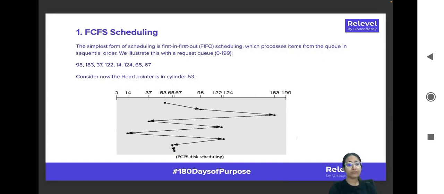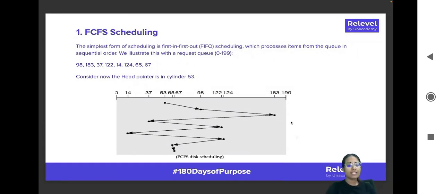Here you can take an example to understand this. We've marked the numbers. You can think of it like this: the head pointer, the read-write head, is initially at 53. The first request comes for 98, so it jumps from 53 to 98. Then the request comes for 183 and it goes all the way to 183, irrespective of whether it's moving clockwise or anti-clockwise.